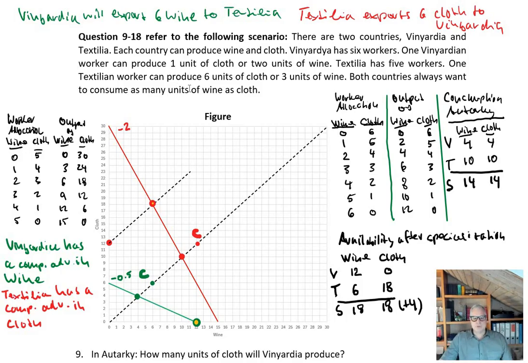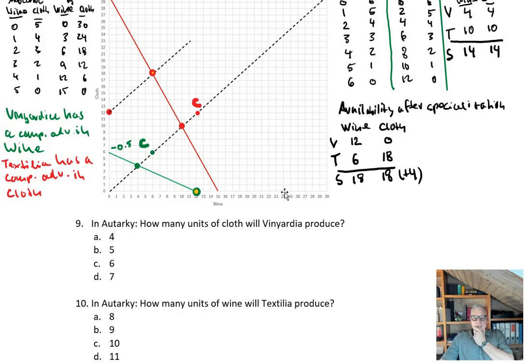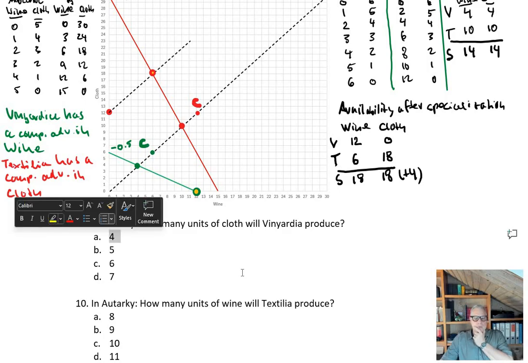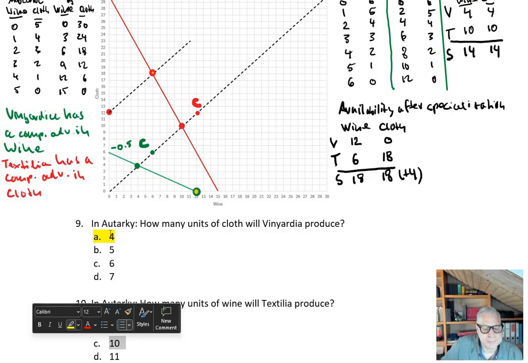Okay, so now we should be able to answer those questions. In autarky, how many units of cloth will Vineyardia produce? So that's the 4. In autarky, how many units of wine will Textilia produce? So that's the 10.